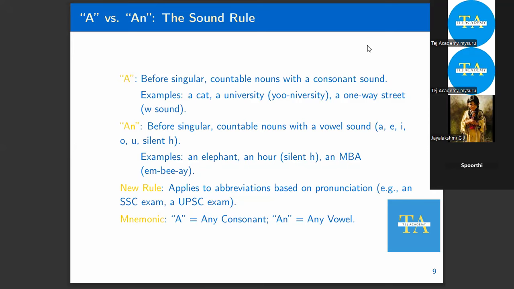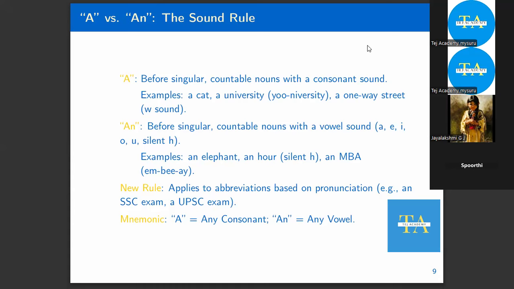But there will be some exceptions when dealing with these abbreviations. Like a UGC exam, because UGC starts with U, which makes the sound of U, and a UK trip instead of an UK trip because UK again starts with a U sound, and a NATO meeting instead of an NATO meeting.